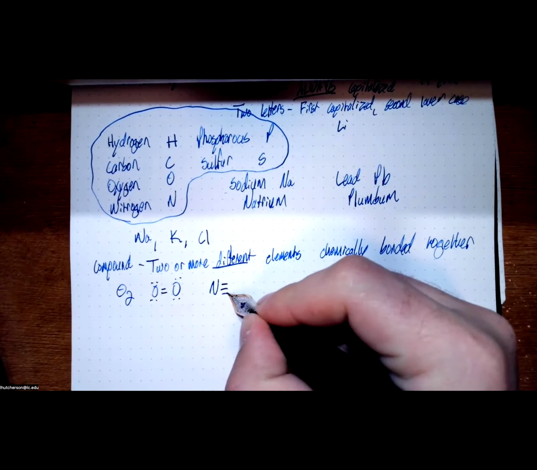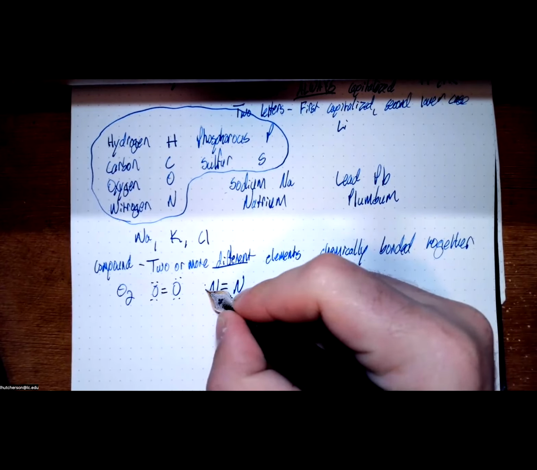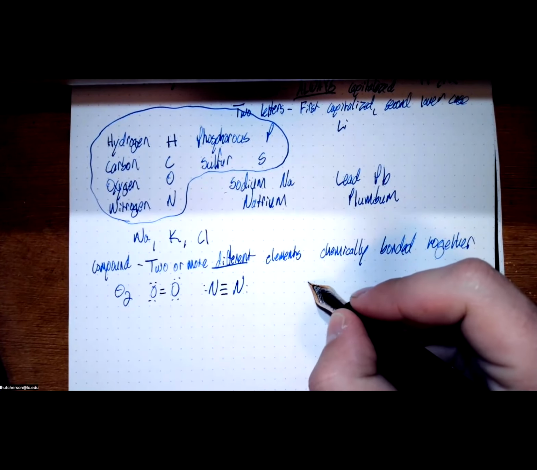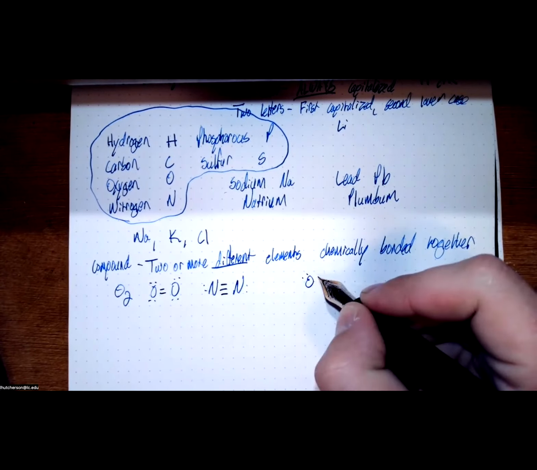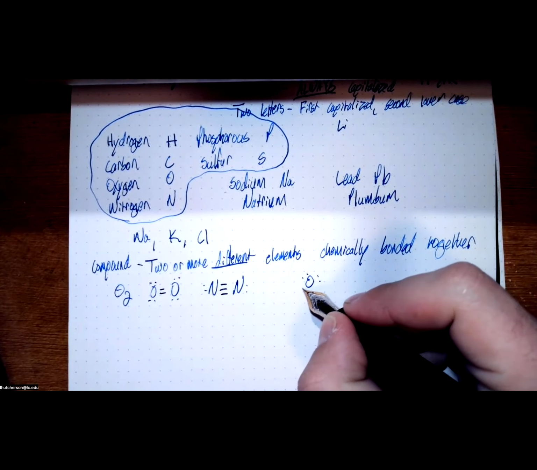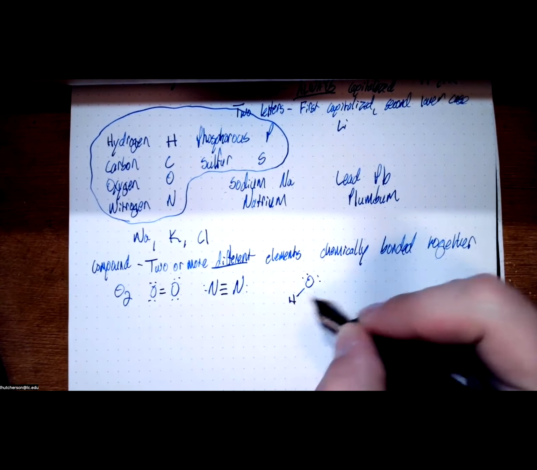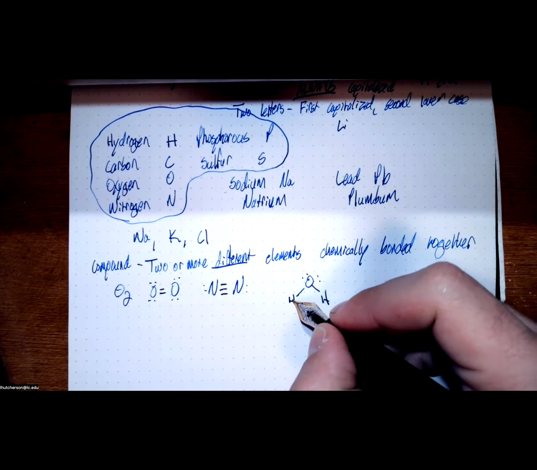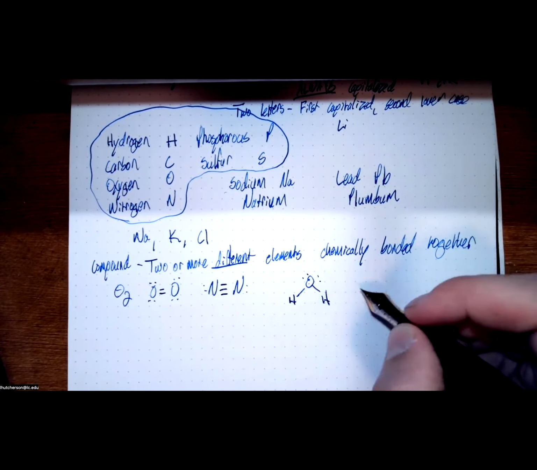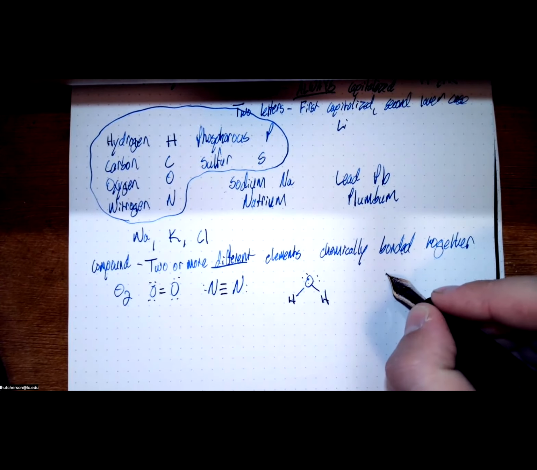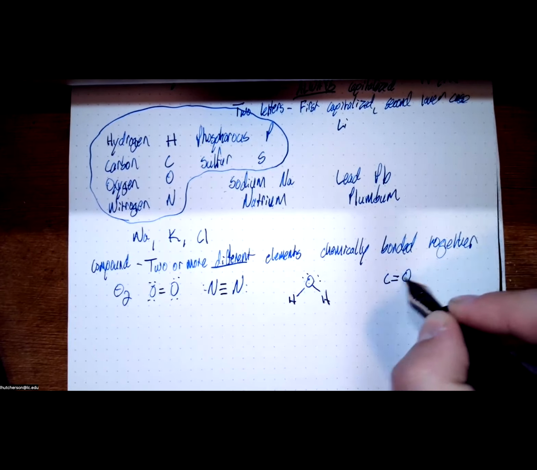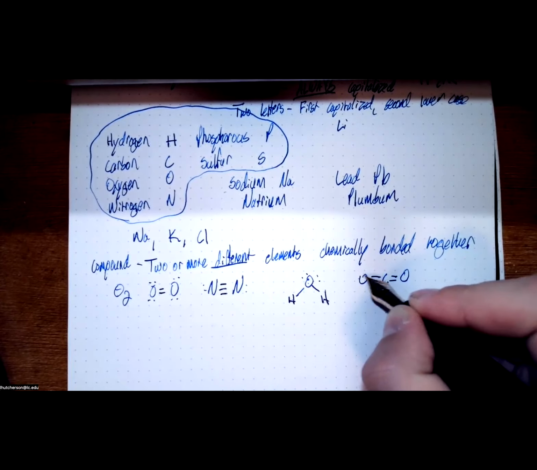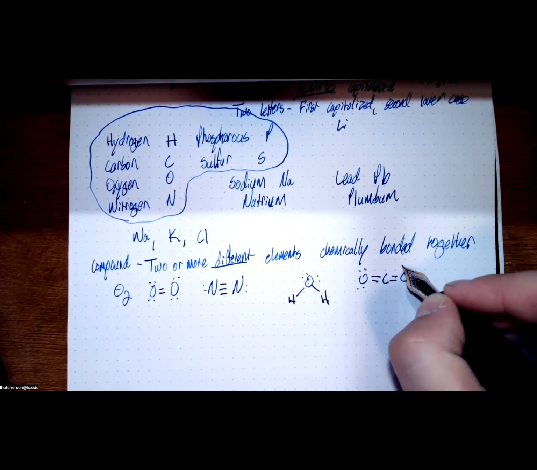Same thing for nitrogen. But if we look at our favorite and extremely important compound, water, we see that we have a hydrogen bonded to an oxygen that's bonded to another hydrogen. Another really common one, carbon dioxide.